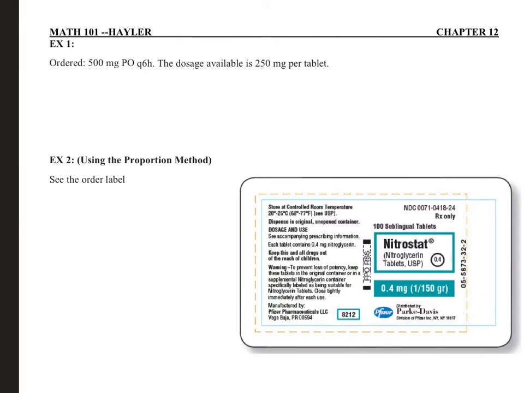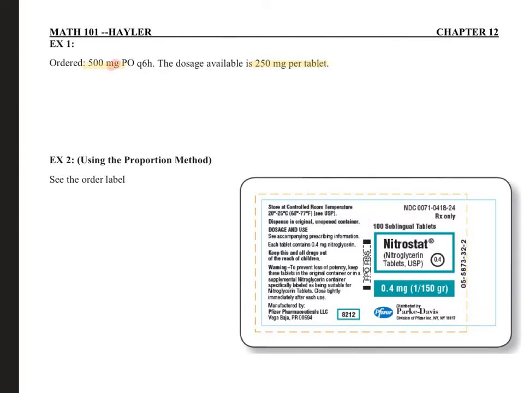Alright, so for our example, the order is 500 mg. And what do we have available? Well, we have available 250 milligrams per packet, or tablet. Find the desired dose. So in this case, the unit for the dose ordered is the same unit. Okay, so the units are the same.